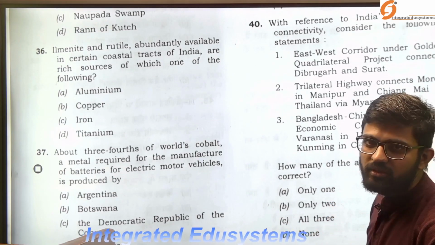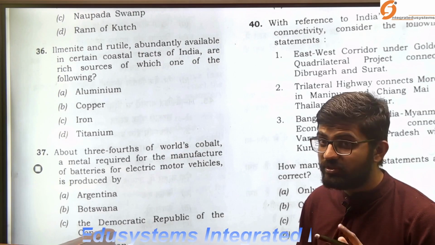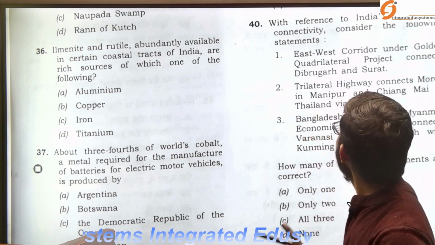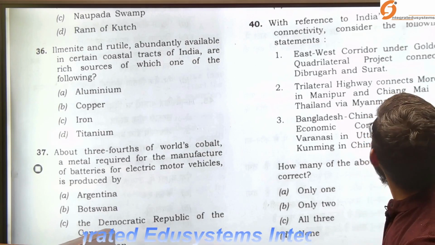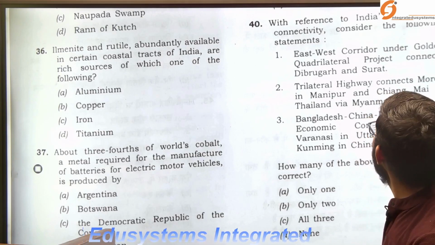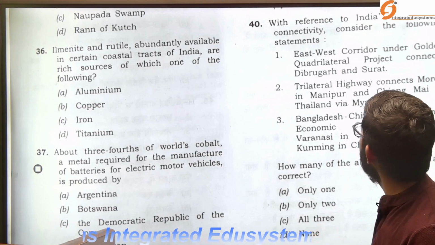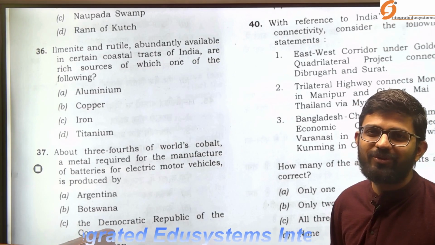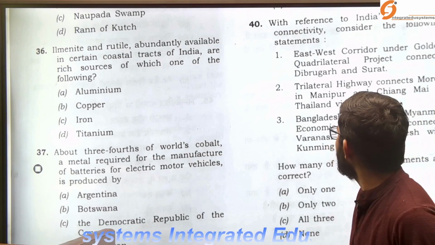Question 40. It seems difficult, but on the side it was the easiest. With reference to India's projects on connectivity, consider the following statements. The East-West corridor under the Golden Quadrilateral project connects Dibrugarh and Surat. No, Surat is on the Delhi-Mumbai corridor, so definitely it's wrong.